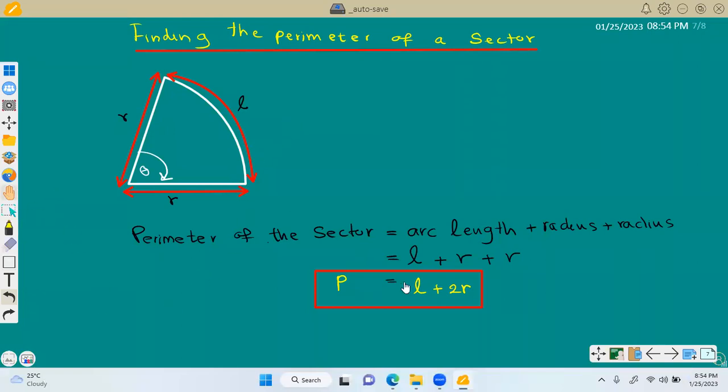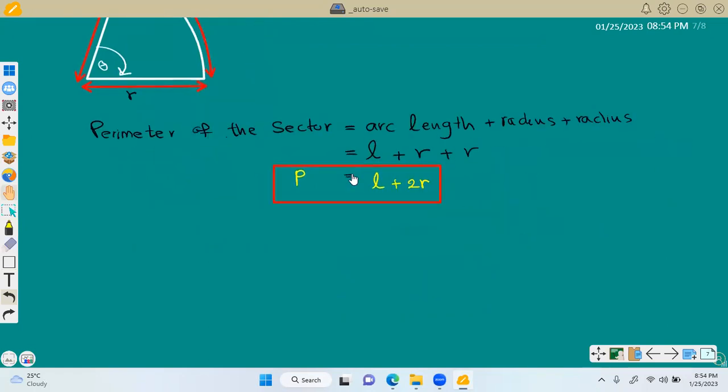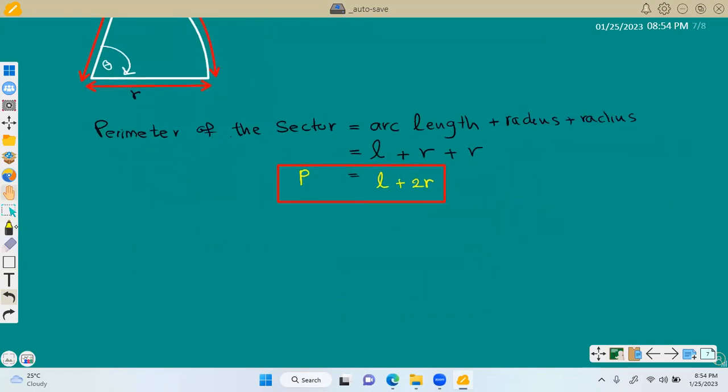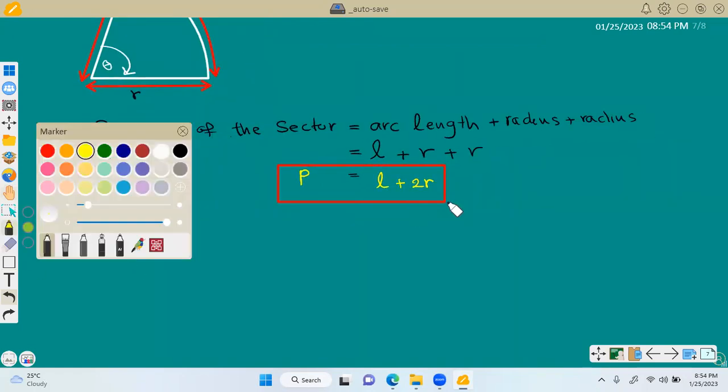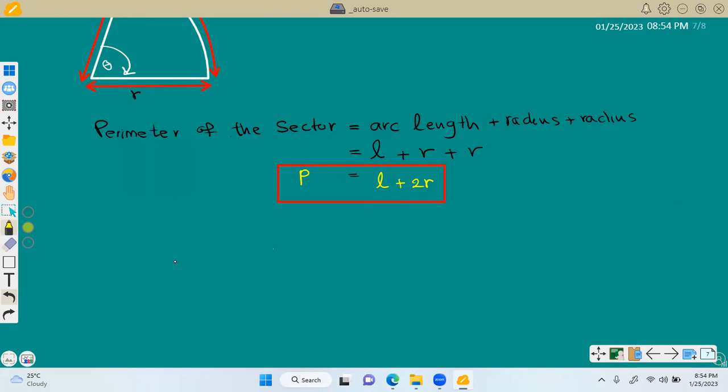Okay, now let's see. Now this is the general equation. Now we can substitute the arc length by what? The equation that we use to find the arc length. Then it is P equals, arc length is substituted by theta upon 360 into 2πR.